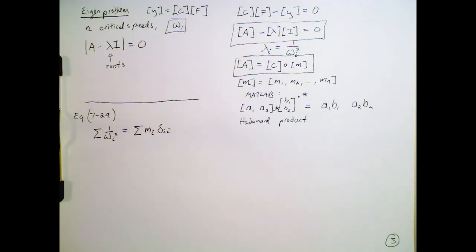So remember what the main objective is here. We're trying to estimate what the first critical speed is. And to do that, we can make a few assumptions. I'm going to define a term here.